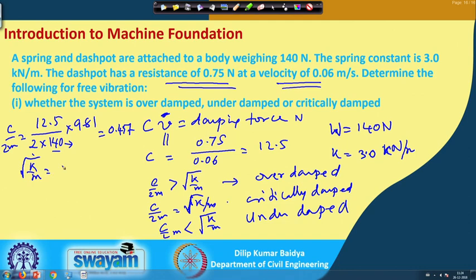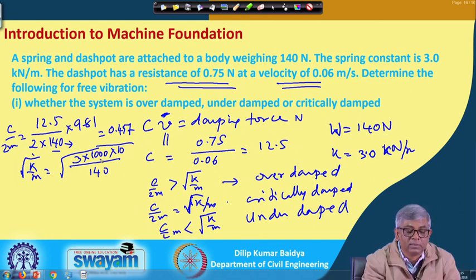And under root k by m: it is under root of 3 kilonewton per meter, that is 3000 Newton per meter, multiplied by 10, divided by 140.